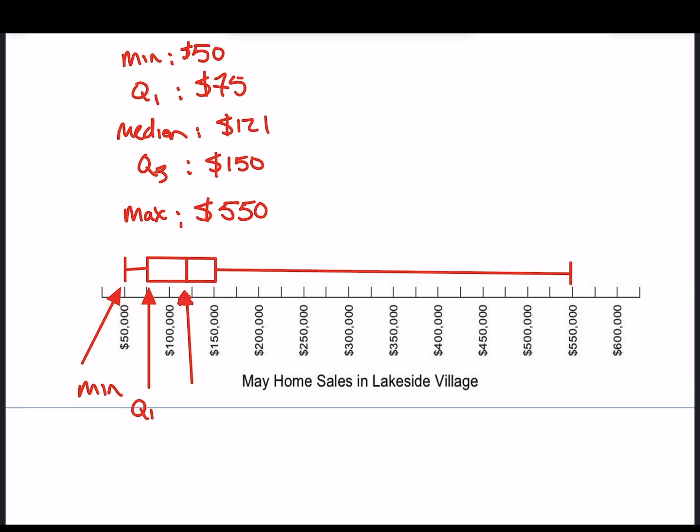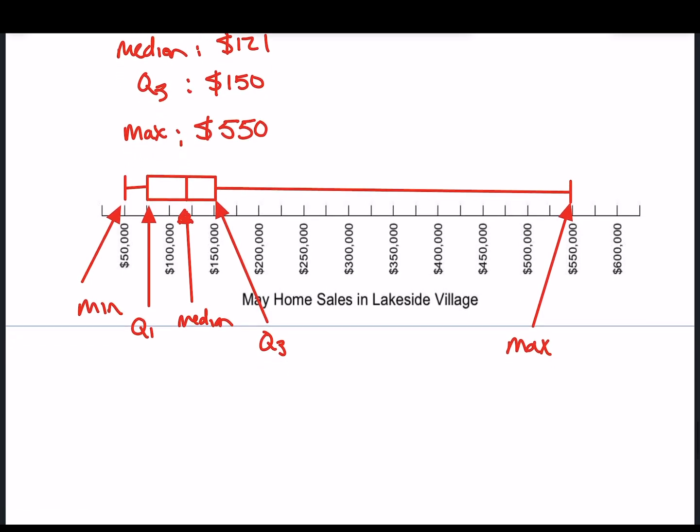This one is the median. This guy here is Q3, and this one is our maximum. Okay, so that tells us a little bit about the way our data is distributed. Notice that most of our data is way down here, and then we have this outlying value way to the right. Okay, let's answer a couple of questions.